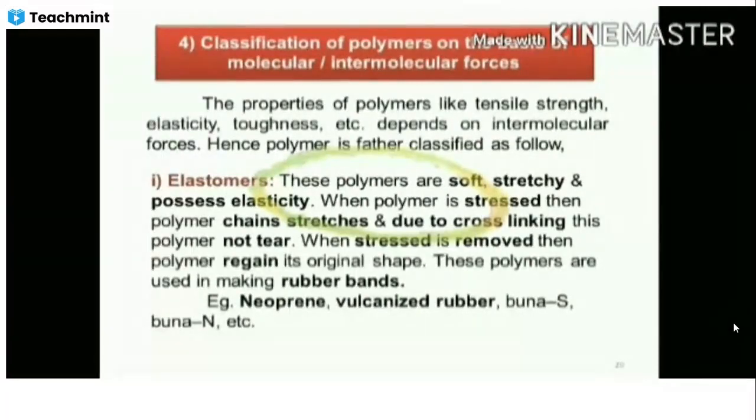When the polymer is stressed, the polymer chains stretch, and due to cross-linking, this polymer does not tear. When the stress is removed, the polymer regains its original shape. These polymers are used in making rubber bands. Example, neoprene, vulcanized rubber, Buna N and Buna S, etc.